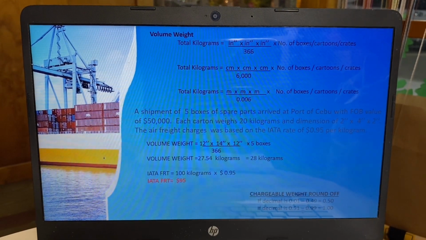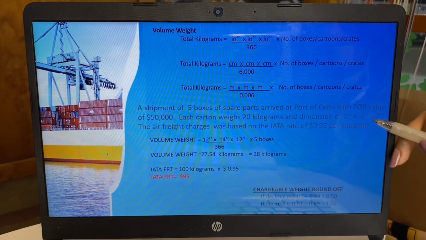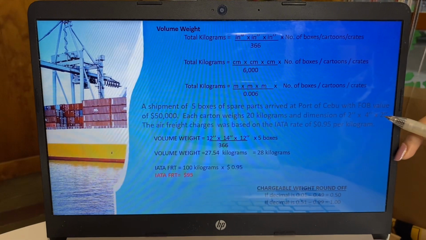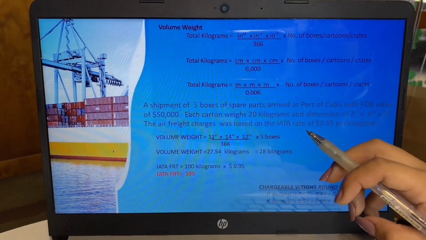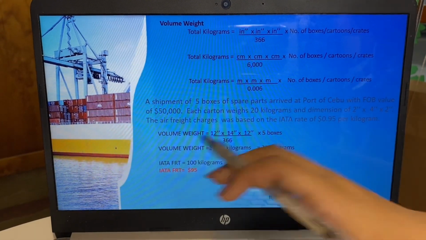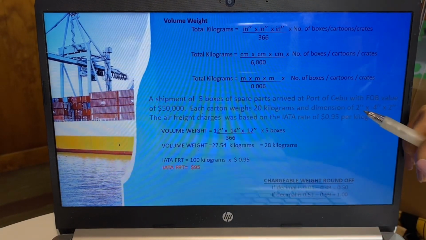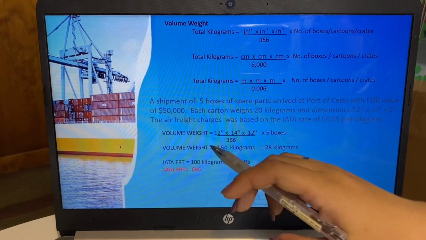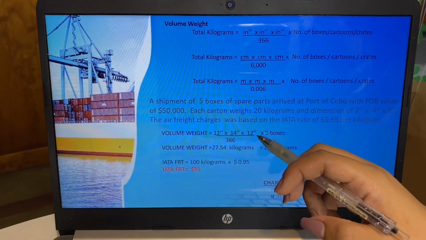So this would be 12 inches by 14 inches by 12 inches. The air freight charges were based on the IATA rate of 0.95 US dollar per kilogram. So our volume weight would be 12 inches by 14 inches by 12 inches.